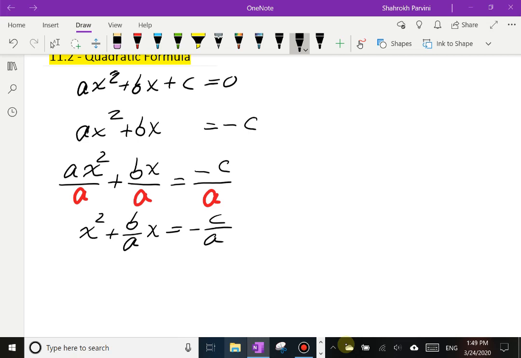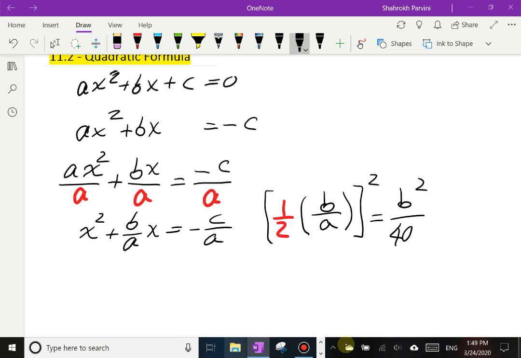Now, completing the square, if you recall, we're going to add something to both sides, and that something is 1/2 of the coefficient on x, which is b over a, squared. That gives me b squared over 4a squared.